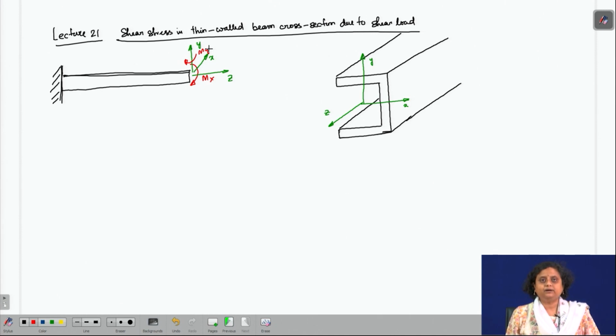Now, bending moment can also be applied through forces, through shear forces. So, this is the case of pure bending.